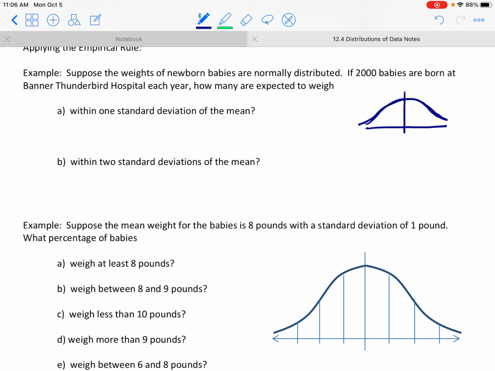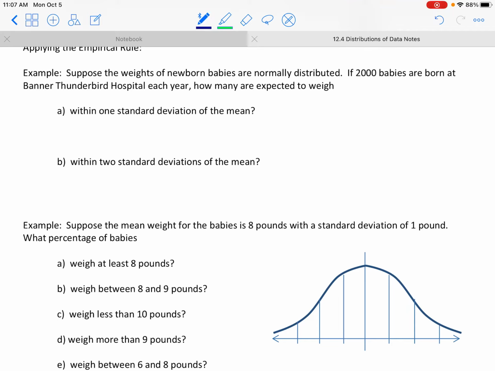So normal distribution means there's going to be 68% within 1 standard deviation, 95% within 2, and 99.7% within 3. Okay? So if 2,000 babies are born at Banner Thunderbird Hospital each year, how many are expected to weigh within 1 standard deviation?